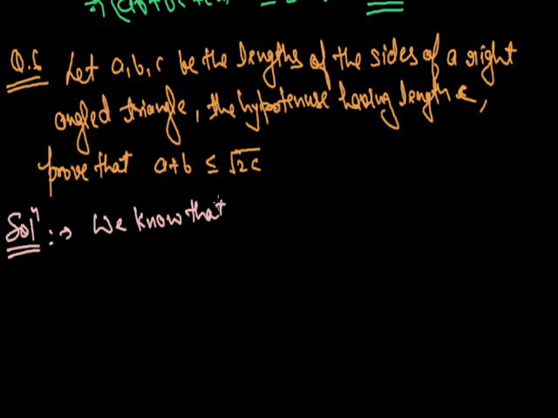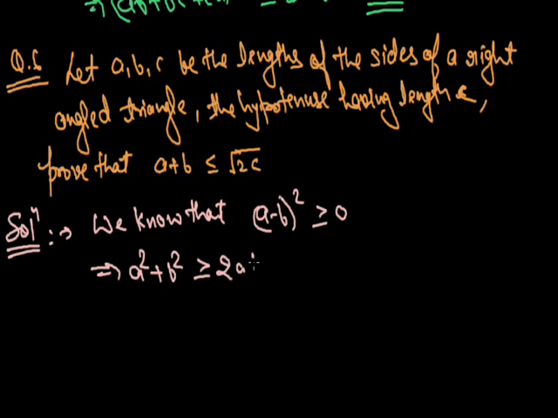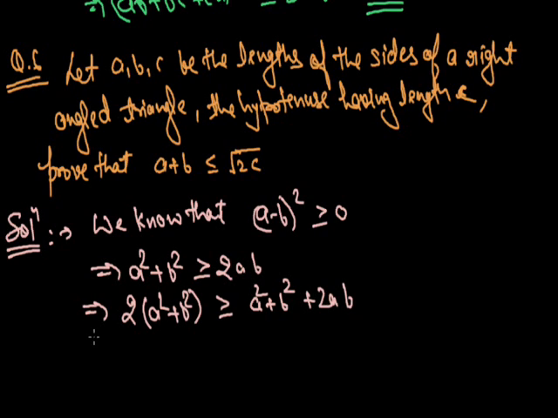as A and B are sides of a triangle, they are real quantities. So we can say that (A minus B) whole square is greater than or equal to 0. From here we have A square plus B square is greater than or equal to 2AB. By adding A square plus B square to both the sides, we have twice of (A square plus B square) is greater than or equal to A square plus B square plus 2AB.